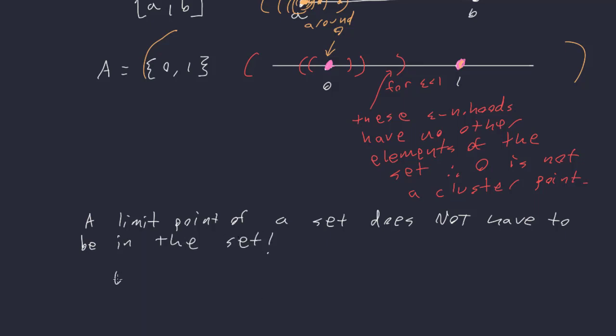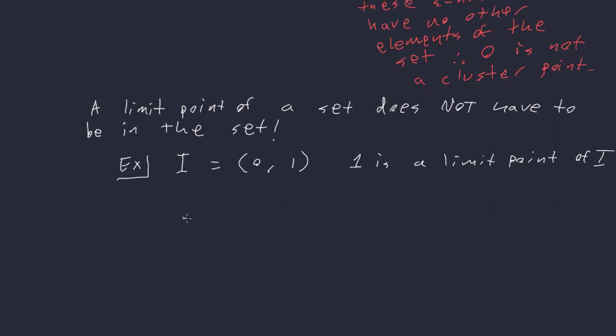So for example, if I look at the interval, let's say I is the open interval 0 to 1, notice that 1 is going to be a limit point of I, because if you take any epsilon neighborhood around 1, you're going to find elements of the set.